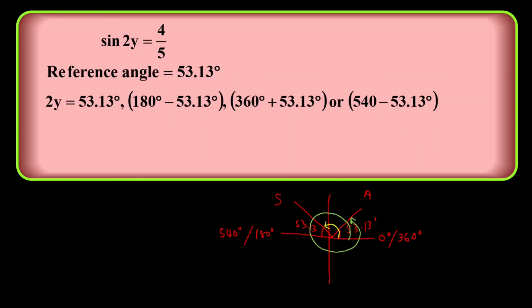And finally, I will have another one there. So I will go from 0 and go around until there. Can you get it? So that will give me 540 degrees minus 53.13 degrees.